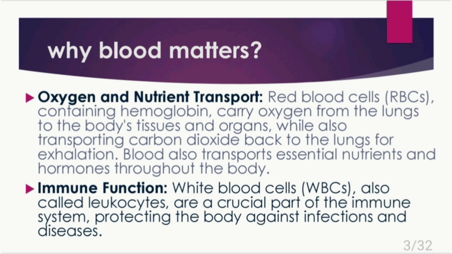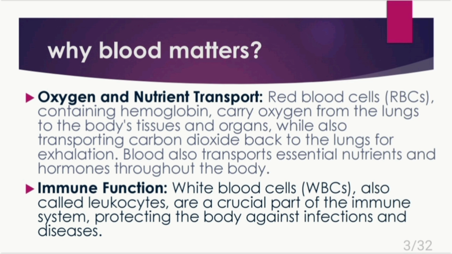Oxygen and nutrient transport. RBCs containing hemoglobin are responsible for carrying oxygen from the lungs to the body tissues and organs, while transporting carbon dioxide back to the lungs for exhalation. Blood also transports essential nutrients and hormones throughout the body.